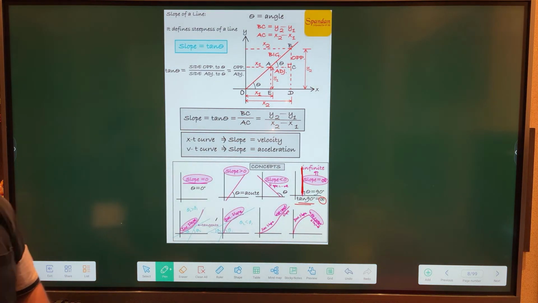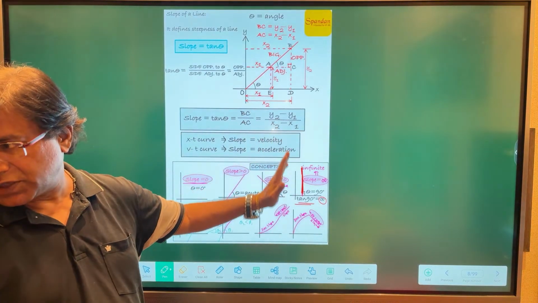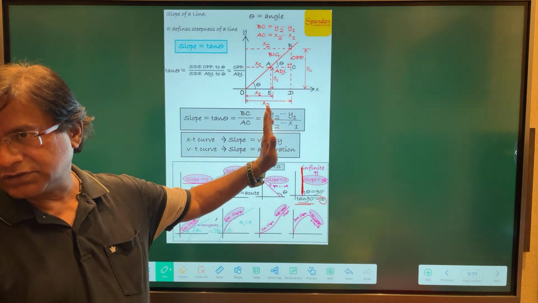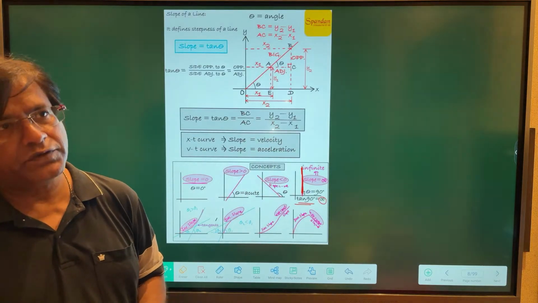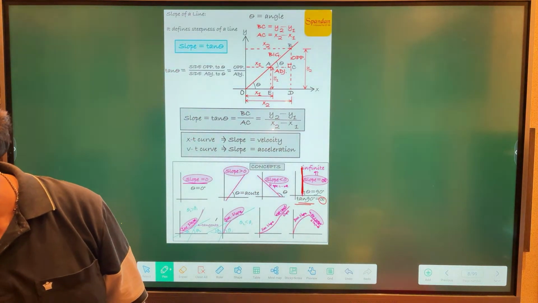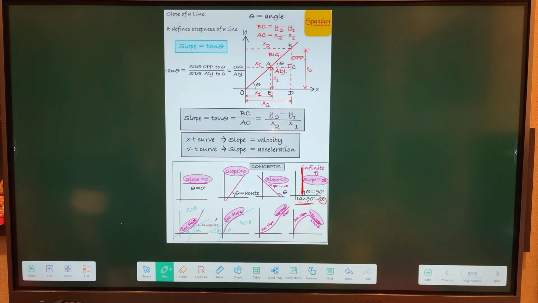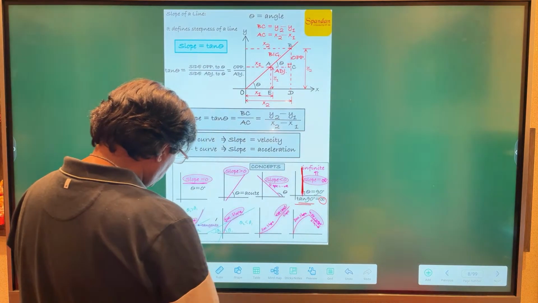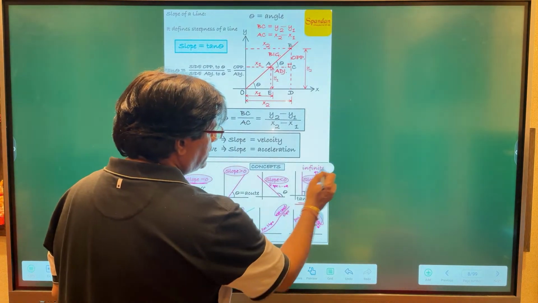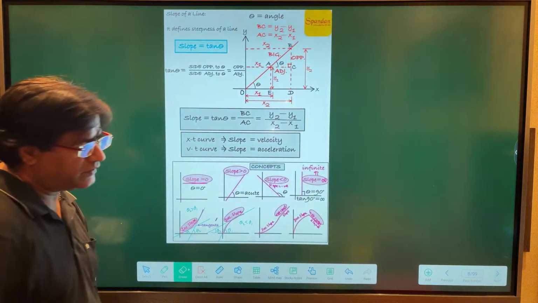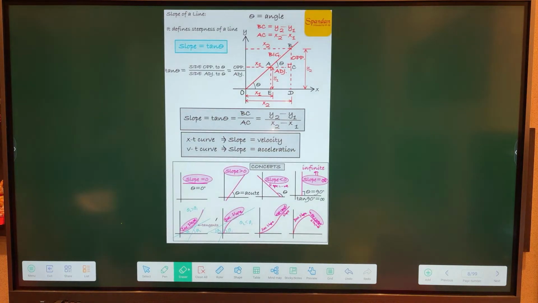That means there is only rise. There is no movement. Without moving, there is some rise. So there will be a huge slope. So that is the infinite slope. This is not defined. We can say that this slope is not defined, right?